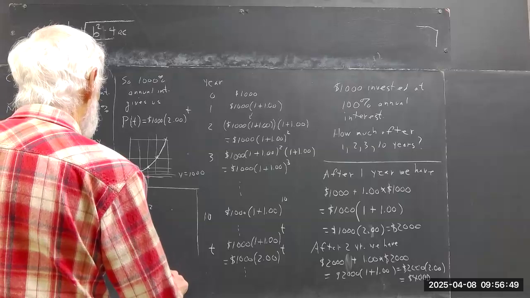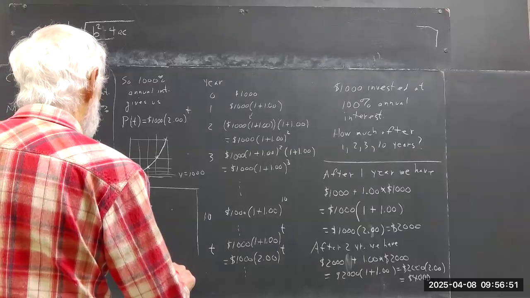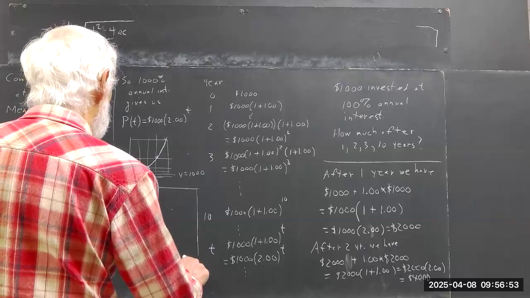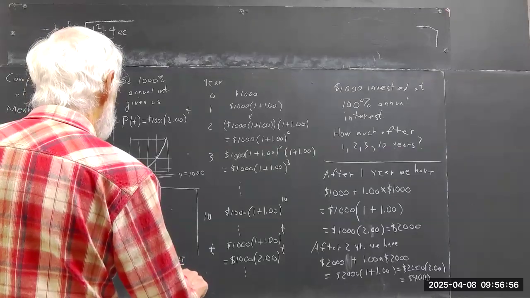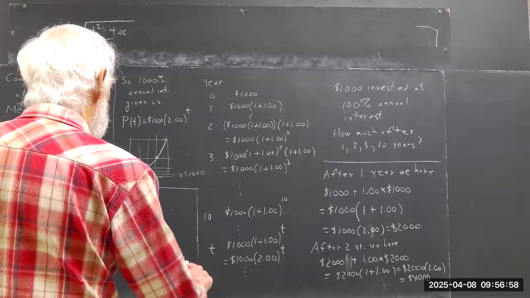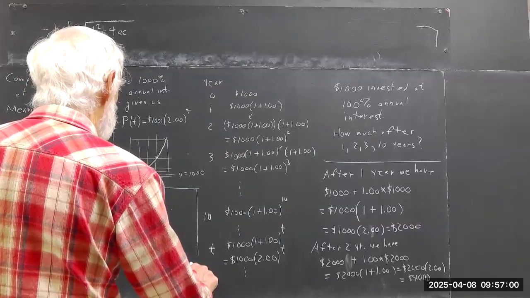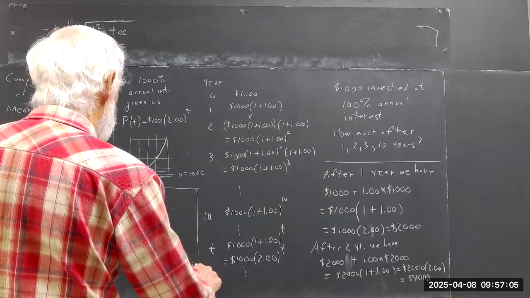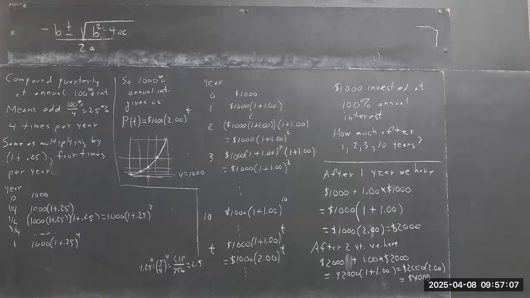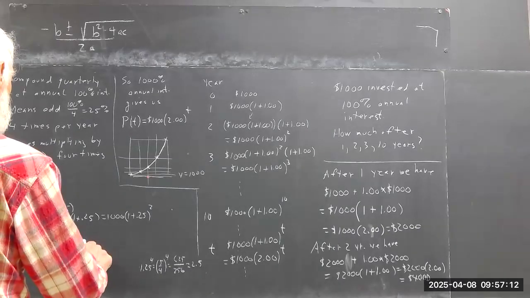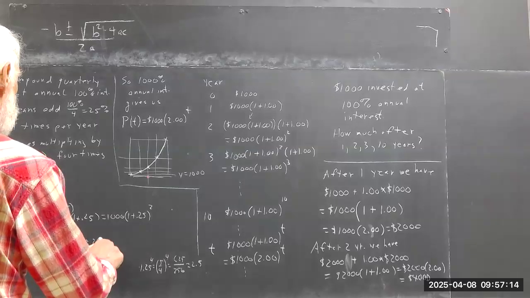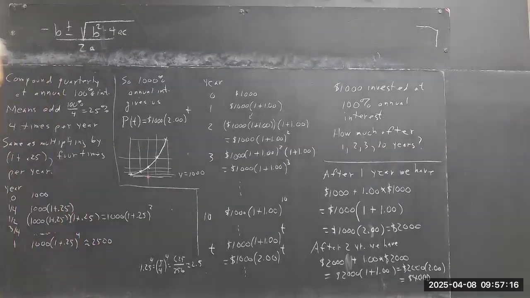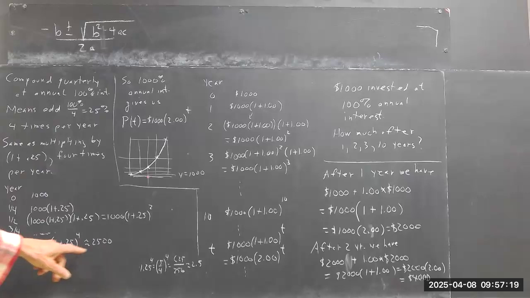And that's 5/4 to the 4th, which is 625 over 256, which is pretty close to 2.5. Okay. That's approximately $2,500. And you put that into your calculator and calculate exactly what it'll be.